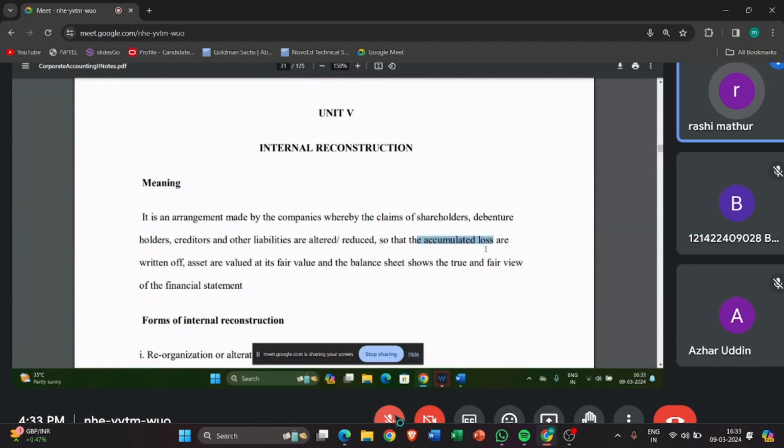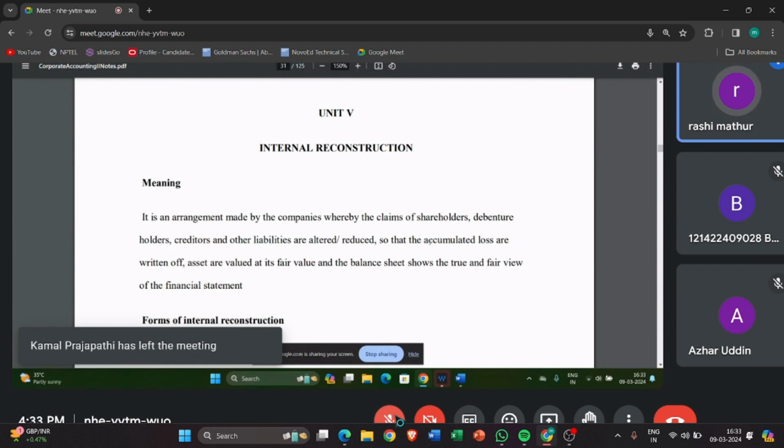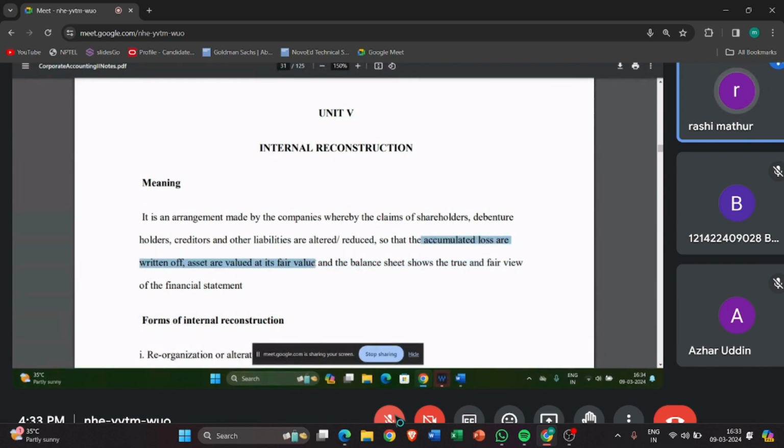So this is the last resort that I'm doing, that the shareholders will decide that they will reduce their share, they will sacrifice for the company and they will reduce their shares so as to reduce the accumulated losses, write off the accumulated losses and bring the assets to their fair values.